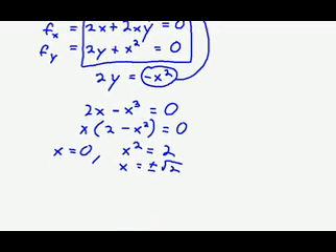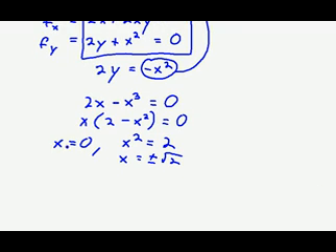Okay, the y values. The y value that goes with x equals 0, if you plug a 0 in here, you get 2y equals 0, or y equals 0. So you get a critical point of 0, 0 from the value x equals 0. And if you plug in plus or minus square root of 2 up here, it doesn't matter which one, you square it, and the negative goes away.